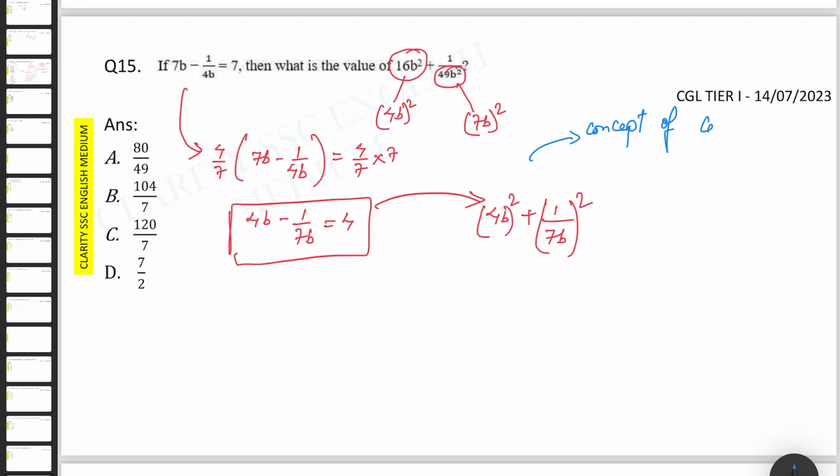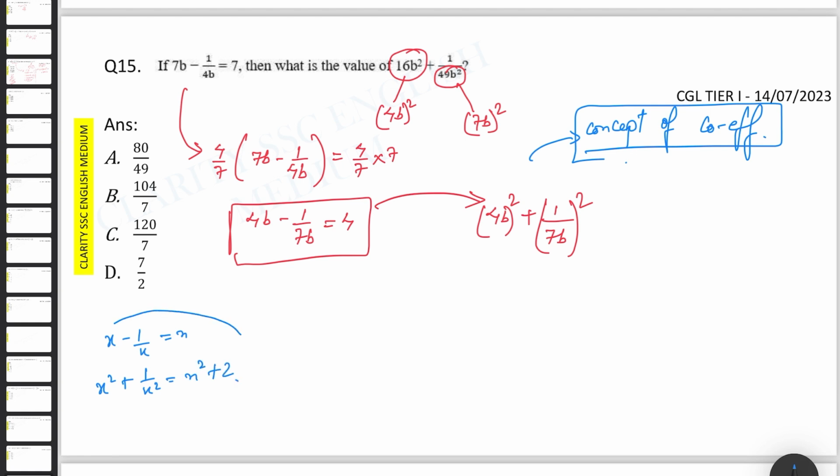How to find it? If x minus 1 by x is equal to n, then x square plus 1 by x square is equal to n square plus 2. Here we are applying this formula. Now, we have done this in the beginning, in the first portion of this session. So only the concept of coefficient is added here.